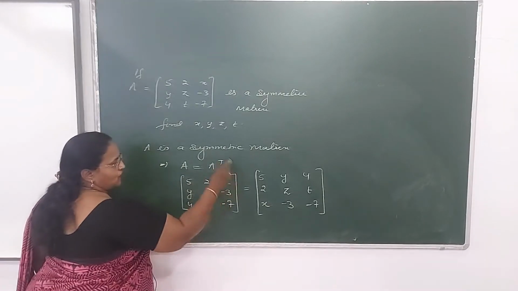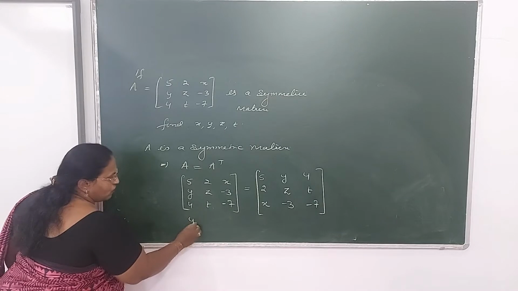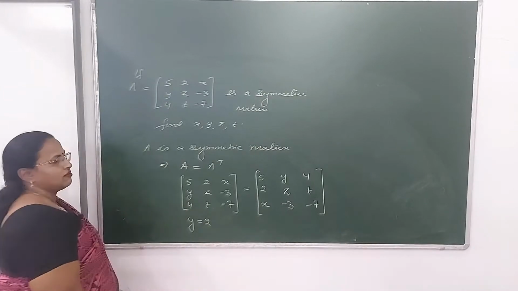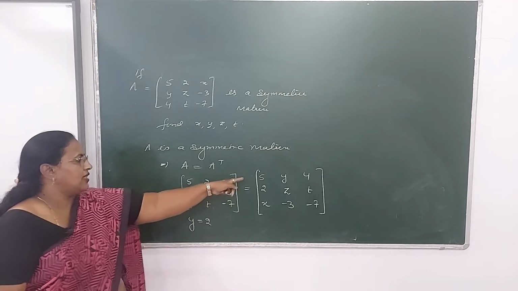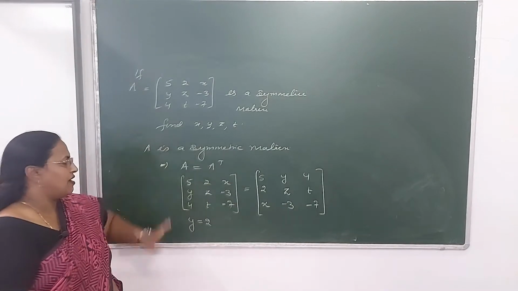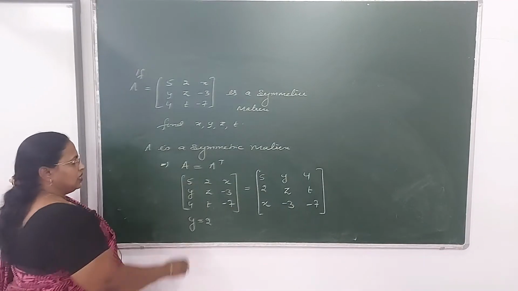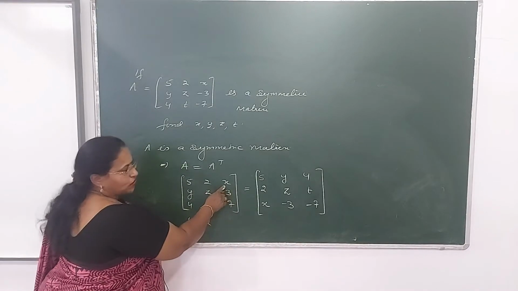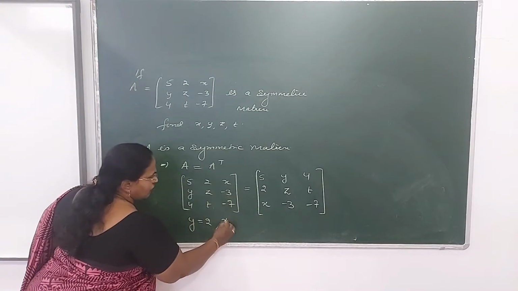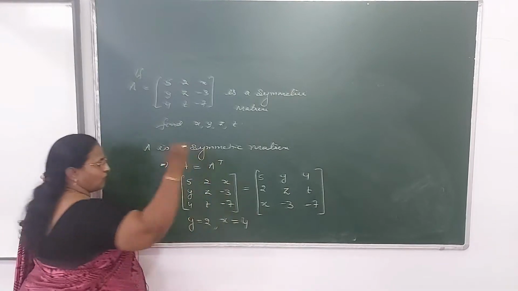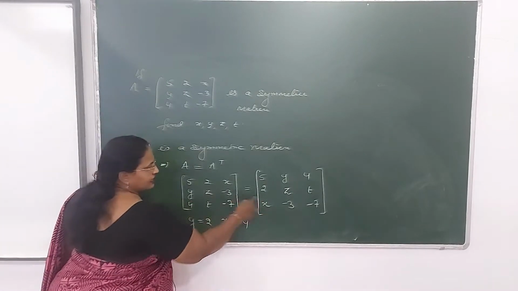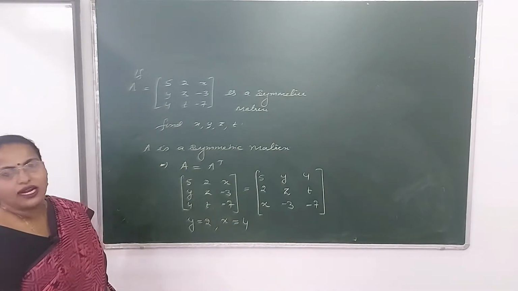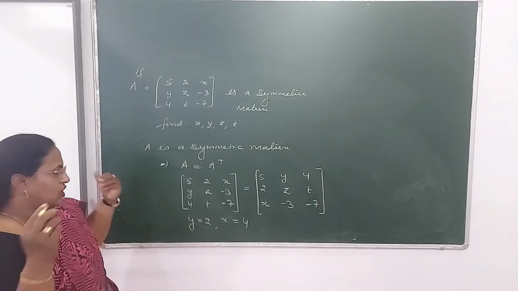See here the first row when you compare, the value of y is 2. A12, and there you see y is 2. See the first row third column, what is the value of x? X is equal to 4. Likewise, what about z? Z is equal to z. That means z can have any value.